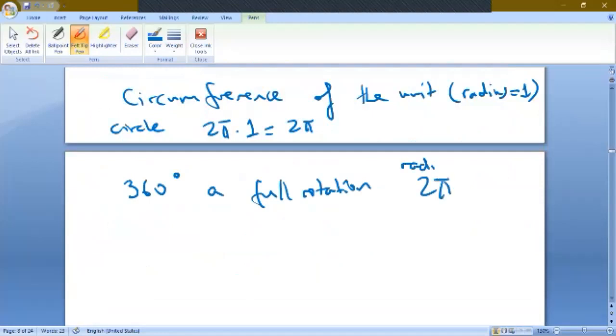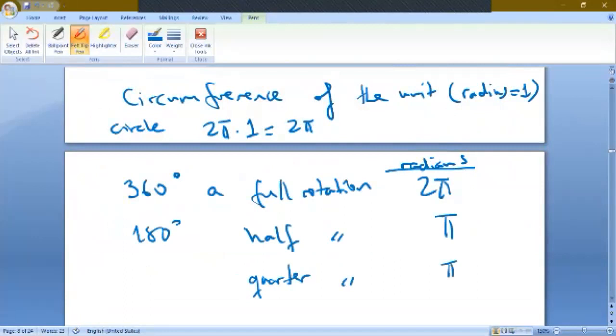This is radians, by the way, a unit for angles. If we have a half rotation, that's 180 degrees, and it's going to be just half of 2 pi, half the circumference. If we have a quarter rotation, then it's half of half, or 1/4 of full, which is 90 degrees.